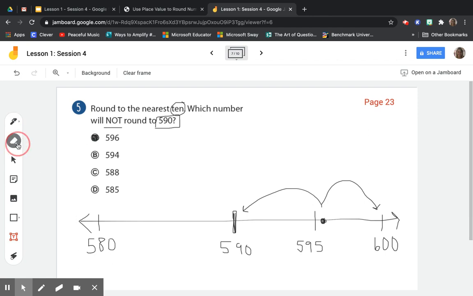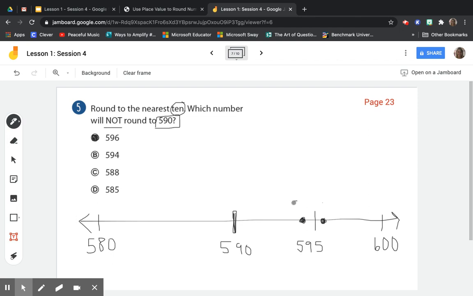Okay, so what I'm going to do is I'm going to erase this jumping arrows so that I can do another one. All right, here we go. 594. Now, okay, look at our numbers, 590 to 600. I'm going to put 594 on this side of 595.